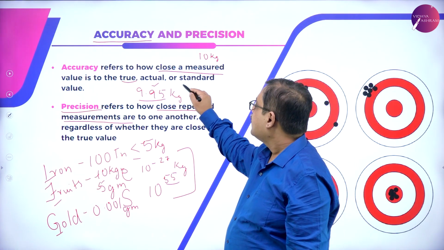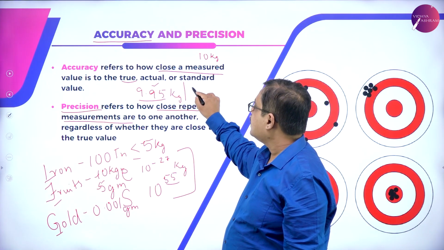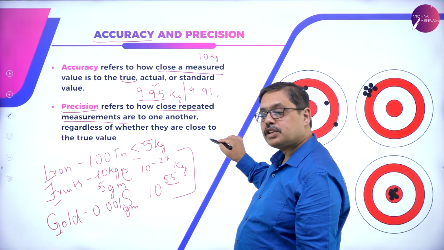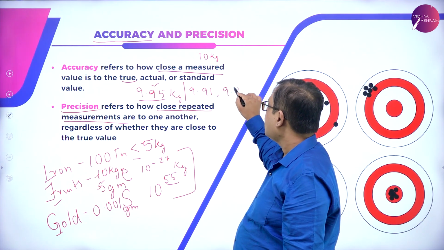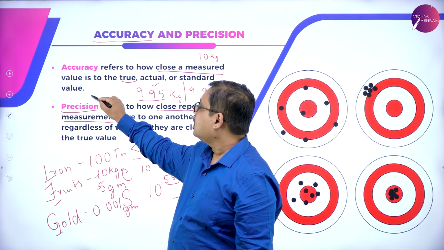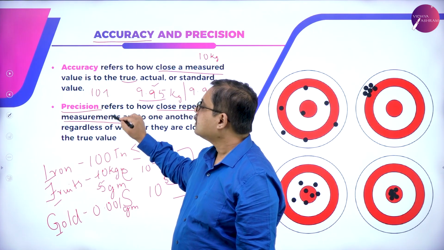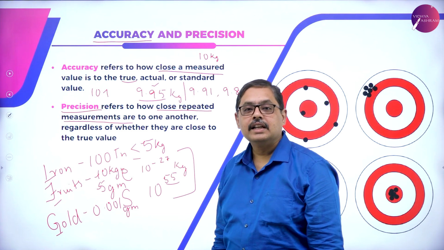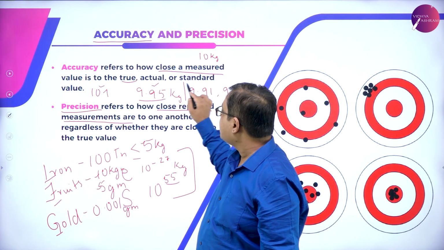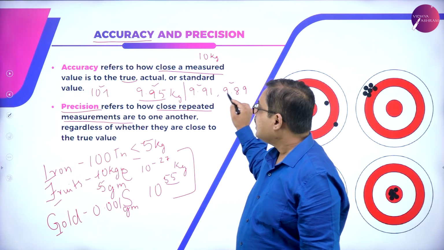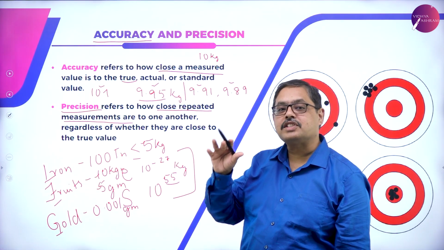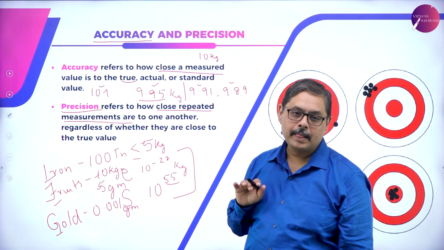For another measurement, it gives me 9.91. I take another measurement, it gives me 9.89. I take another measurement, it may give me 10.1, so on and so forth. Which means that how close these 4 or 5 readings are to one another. If they are very close to each other, then I can say that the measuring instrument is precise.